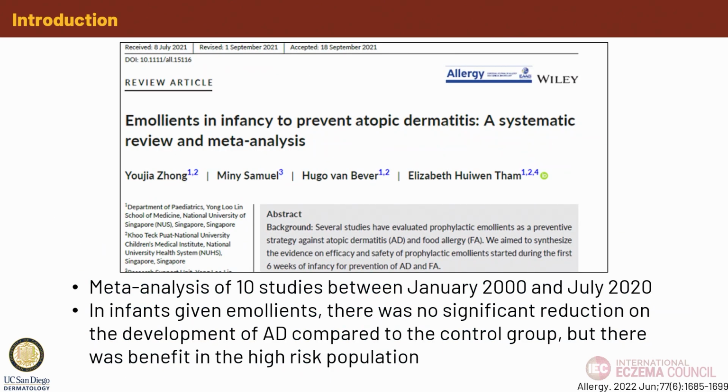There have been many studies in the past on the link between early topical moisturizers and the prevention of eczema in infant populations. However, there has been variability, and no significant correlation was found compared to the control group, though they also noted there may be a benefit in high-risk populations by potentially delaying the onset of atopic dermatitis.